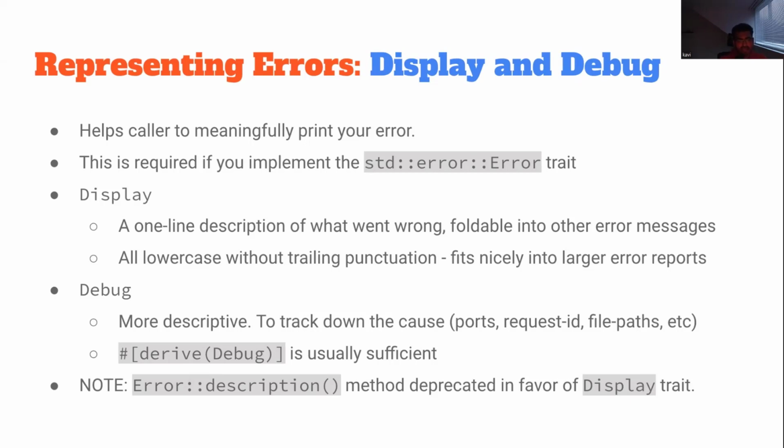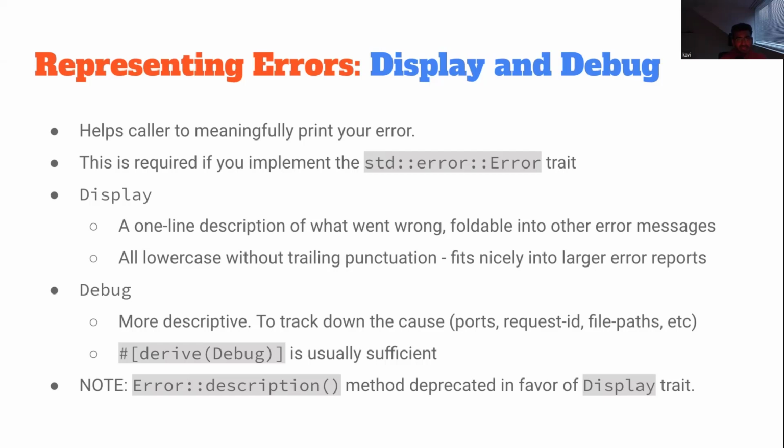And Jan argues it should follow a certain standard: everything lowercase and without any punctuation. Why? Because always imagine your API will be part of a bigger system, right? So it will be nice if your error message integrates well with other bigger reports of errors.